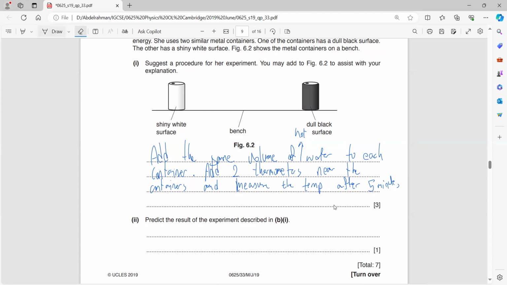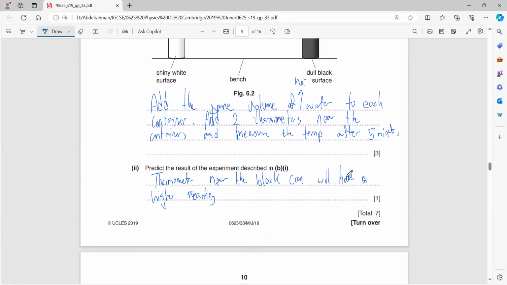The thermometer near the black surface, near the black can, will have a higher reading. That's it. Good. Next question.